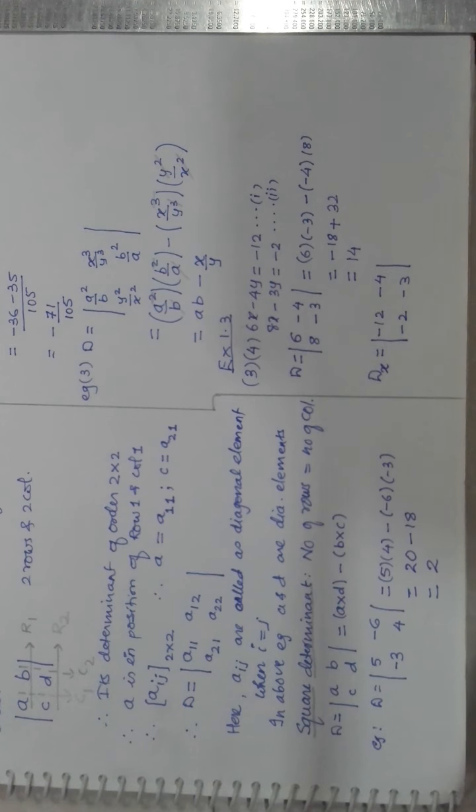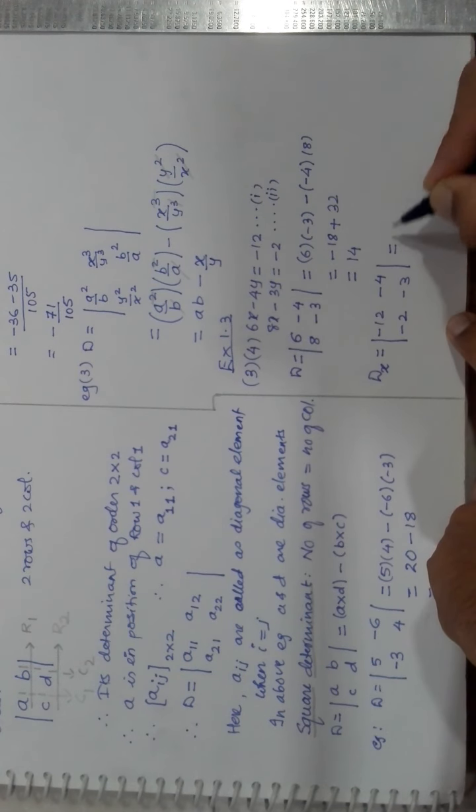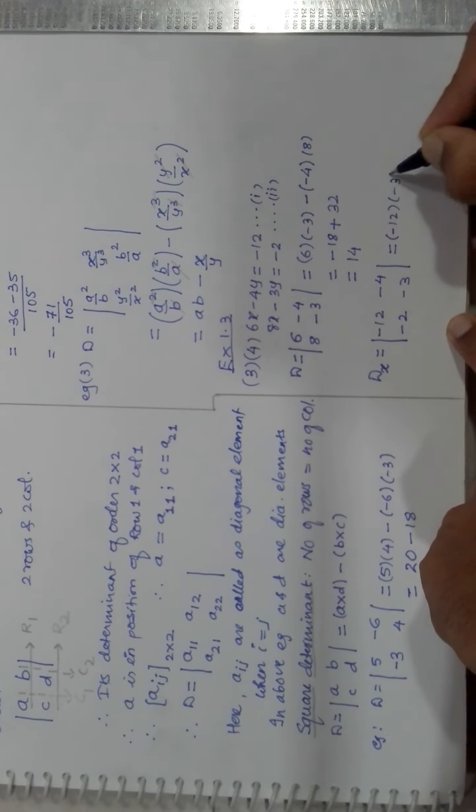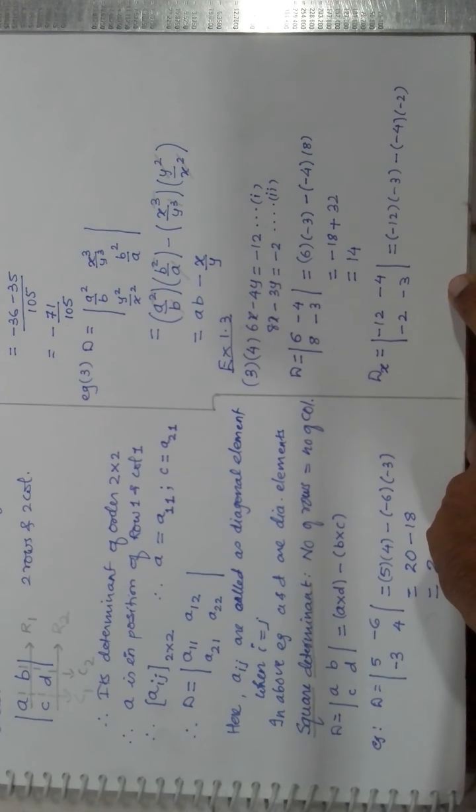Constant came and placed the value over there. So you will get here now the product of diagonal elements, that is minus 12 into minus 3, the separation of minus sign, then the product of non-diagonal elements, that is minus 4 and minus 2.